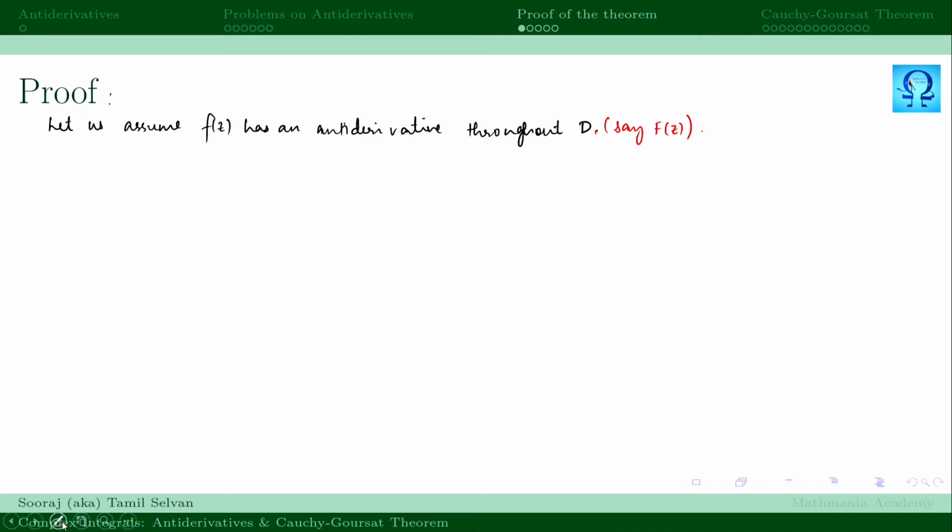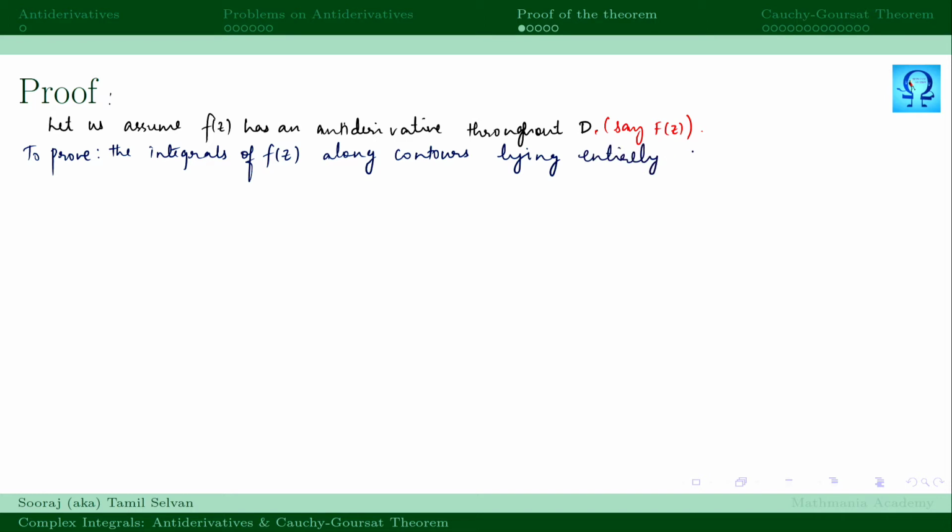Now what should we prove? We will have to prove the second thing is true, that is the integrals of f of z along contours lying entirely in D. Why should I write all these things that are trivial from the statement itself?